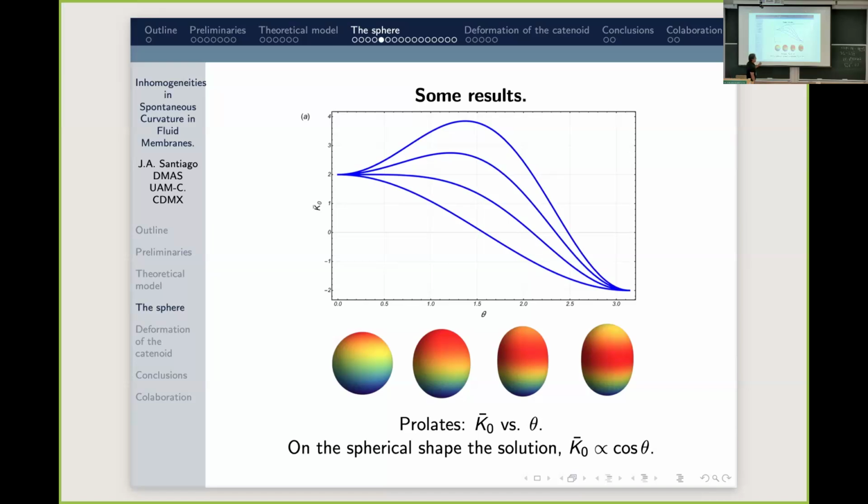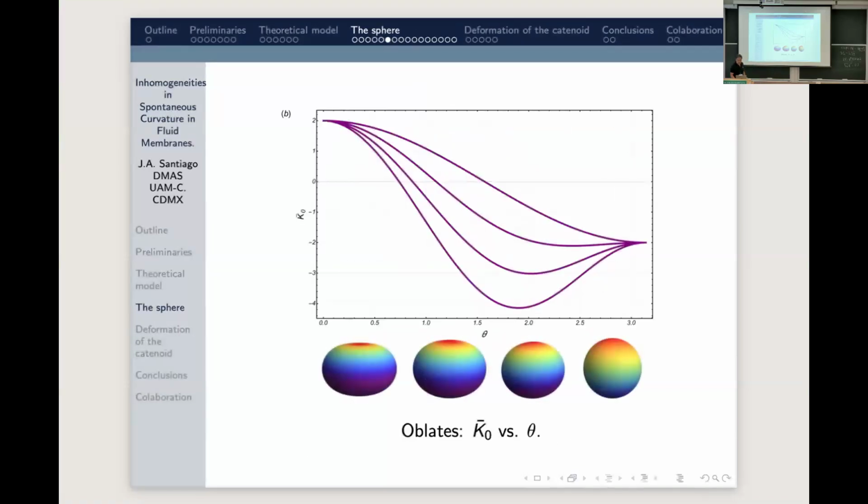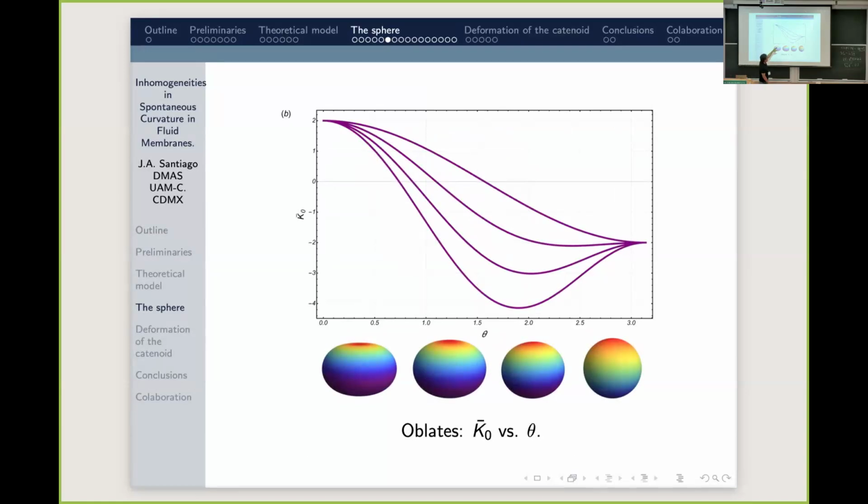So in the case of prolates, we have this behavior for the spontaneous curvature. It's symmetric with respect to the prolates, and we have this distribution of spontaneous curvature, right?